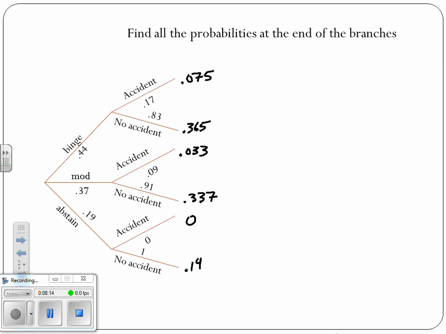Just as a quick heads up, this probability is the probability that we get a student that is both a binge drinker and has had an accident.